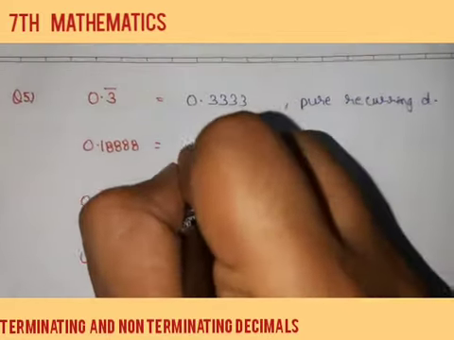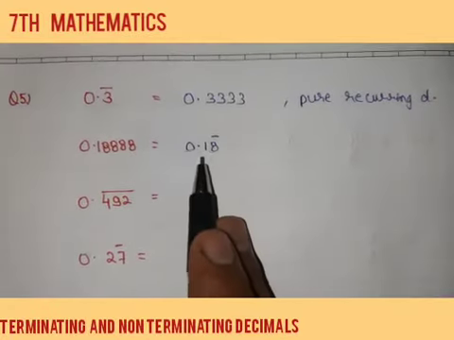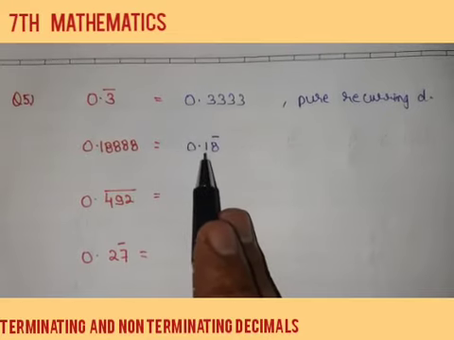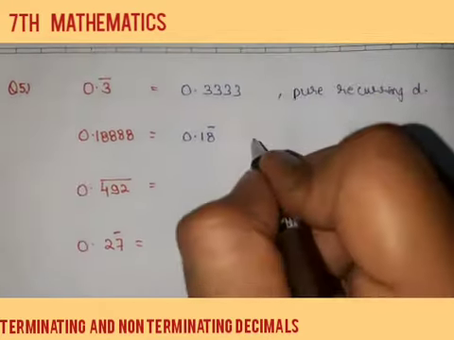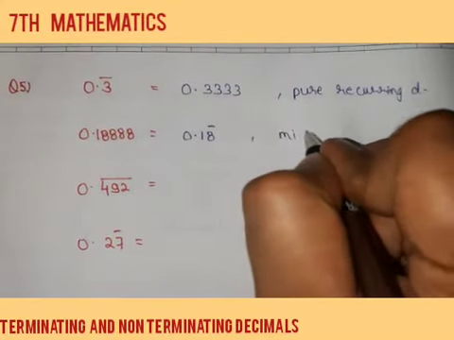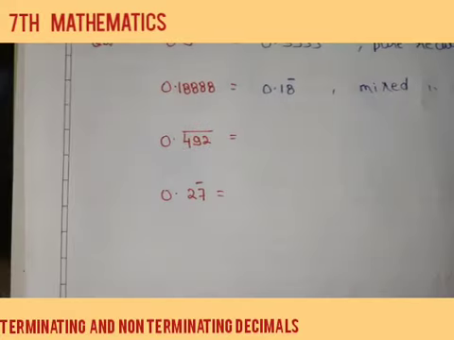0.1888, we can write it as 0.18 bar. So we can see that after the decimal, the immediate digit is not getting repeated, but the digit next to it is getting repeated. So it will be an example of a mixed recurring decimal.